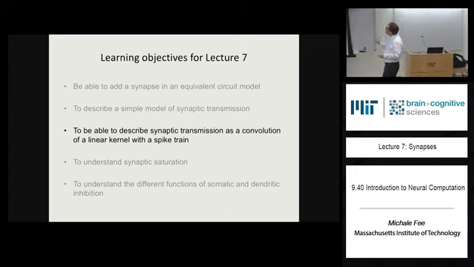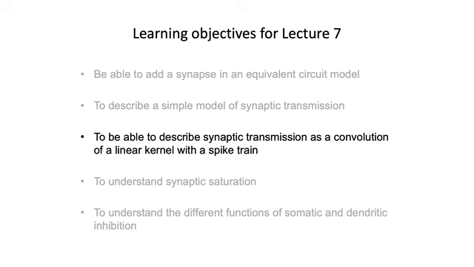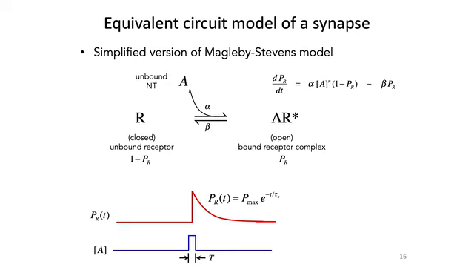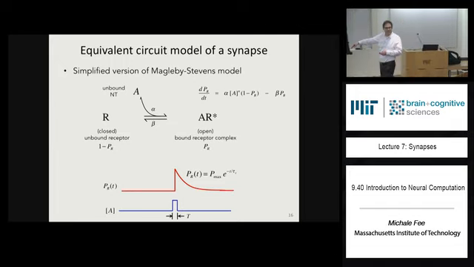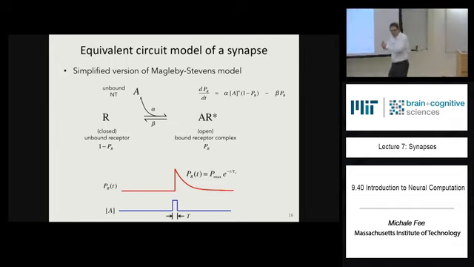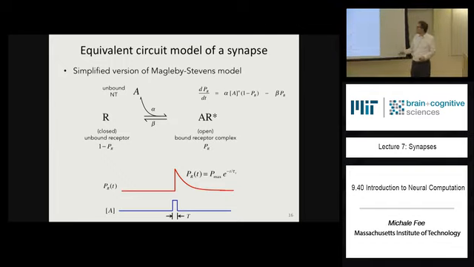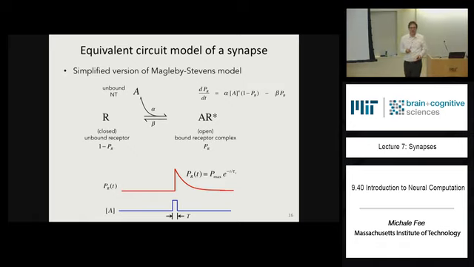Okay, next. So we just did all of that. I better speed up. Let's talk about convolution. This is what happens when a single action potential comes down the axon in the presynaptic terminal and releases neurotransmitter: boom, you get a pulse of probability of the receptor being open.